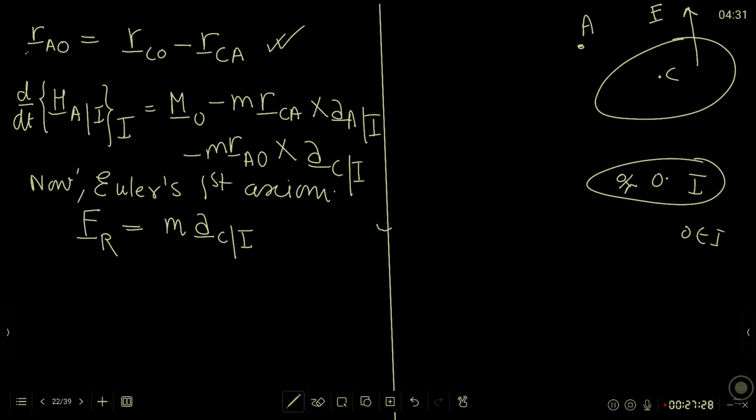So F^R and C^RB make the equivalent force system acting on the RB. Right? So I can replace this by F^R.